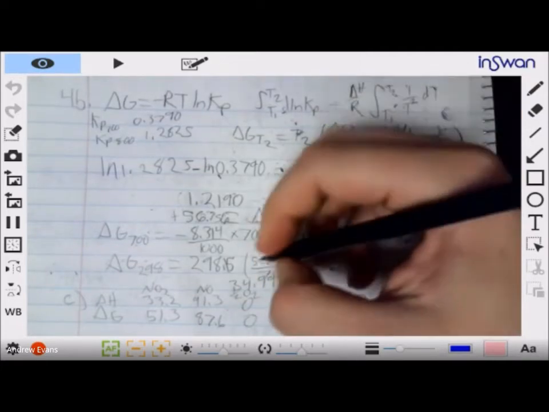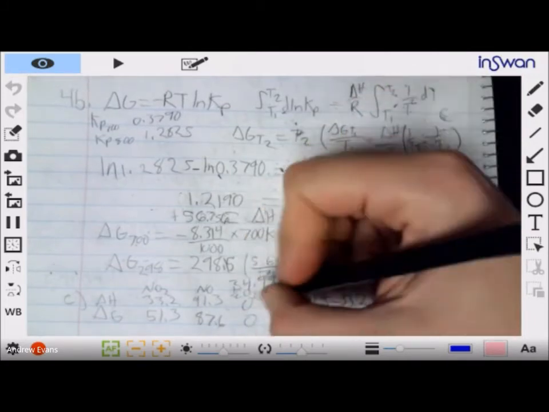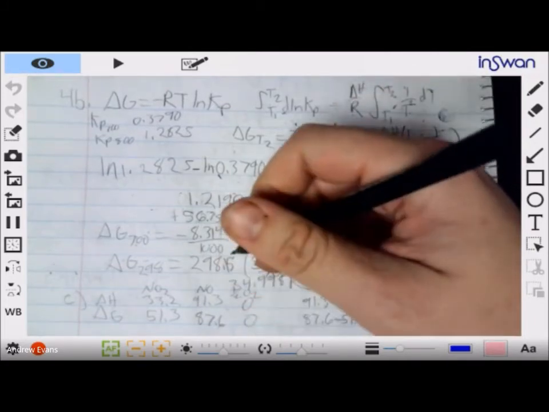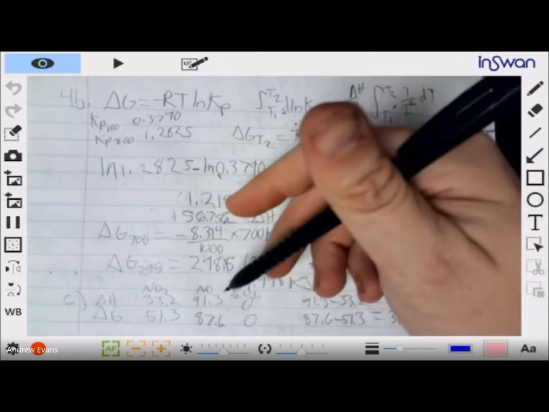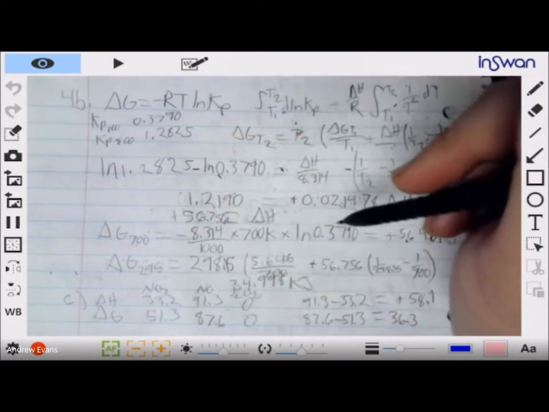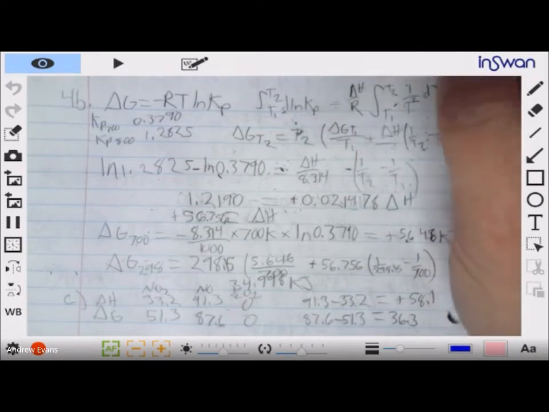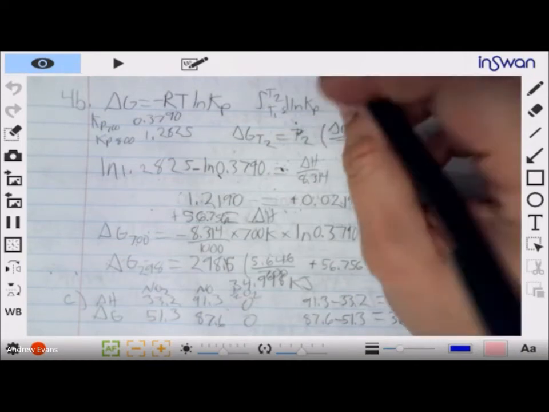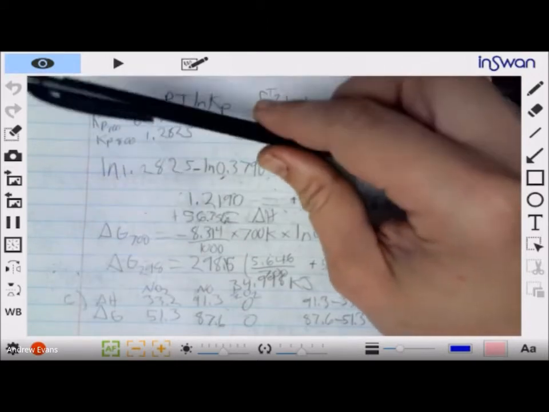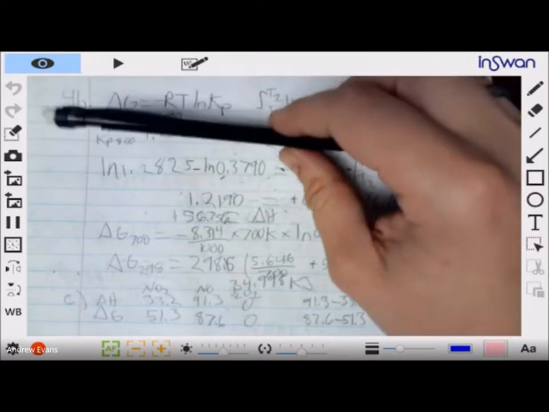So it's 1.3 kilojoules off for Gibbs, and maybe another 1.31 kilojoules off for enthalpy. So not too bad, not too bad all in all.